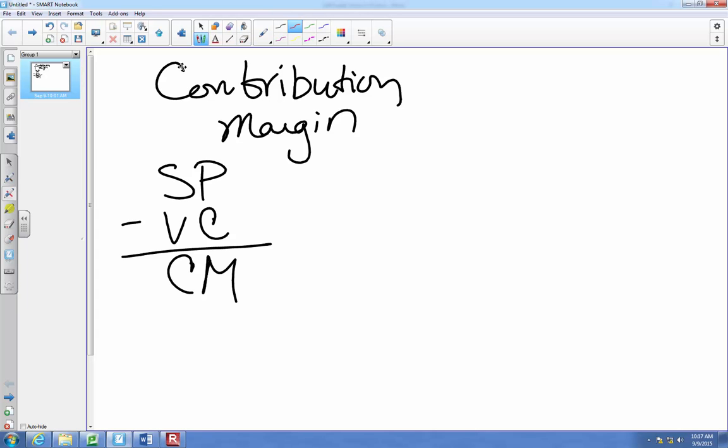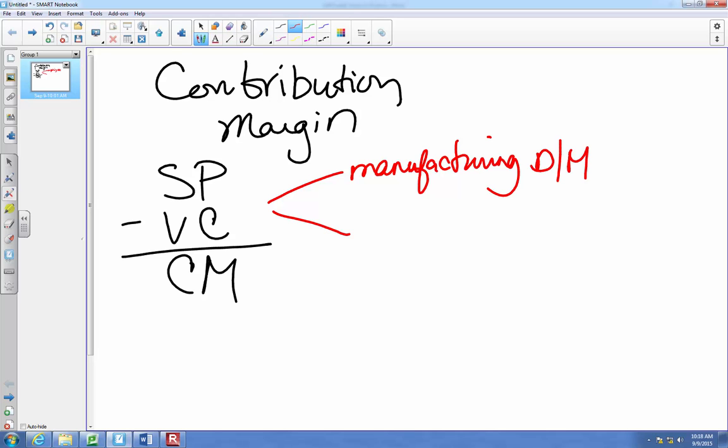So like, what are some examples again of variable manufacturing costs? Okay, so specifically, we talked about 3 kinds of manufacturing costs, right? Direct materials are always variable, aren't they? Direct labor. What kind of overhead?